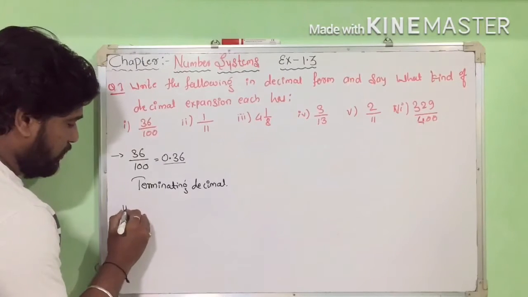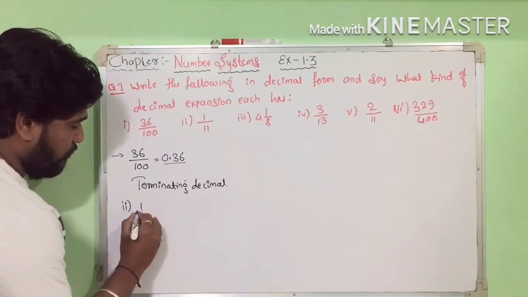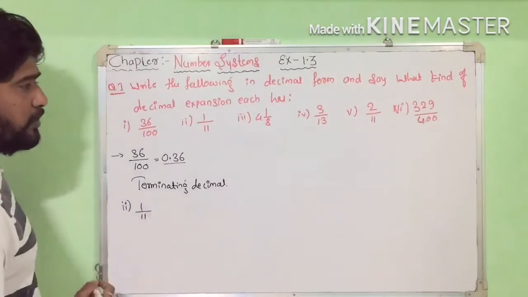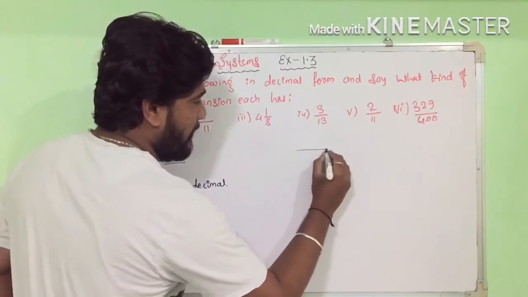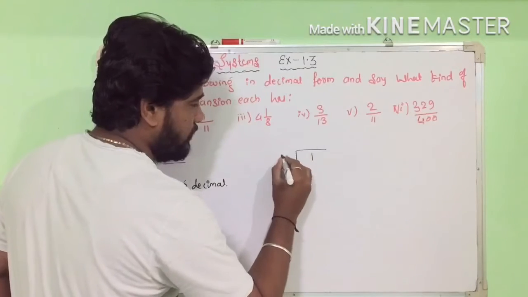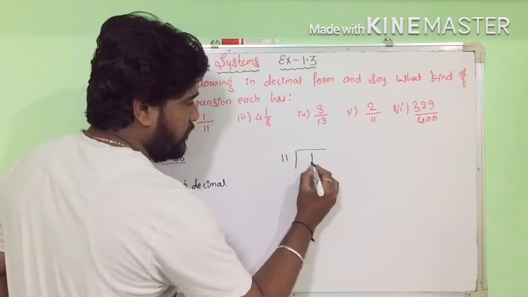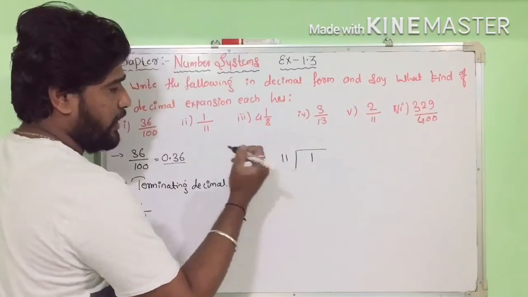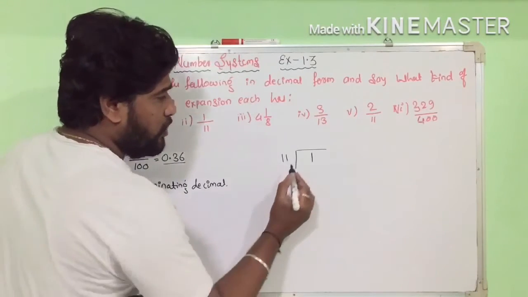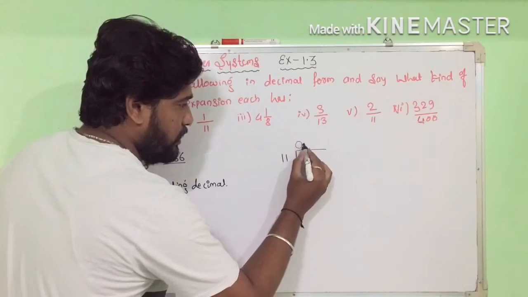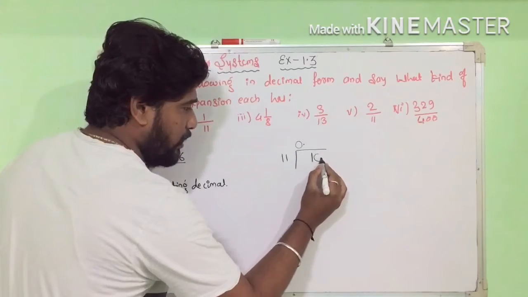The second one they have given is 1 by 11. So make it a long division. Let me solve here: 1 divided by 11. The dividend is smaller than the divisor, so we put the point and take 1 0.